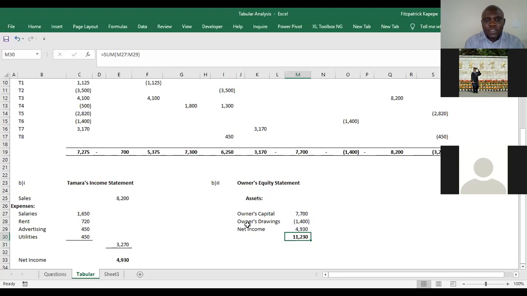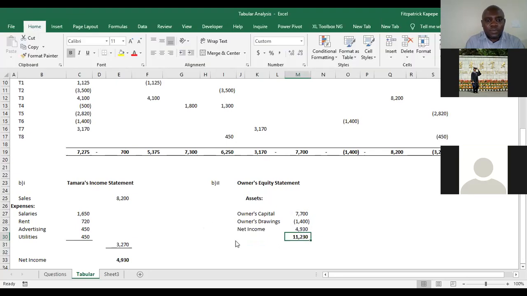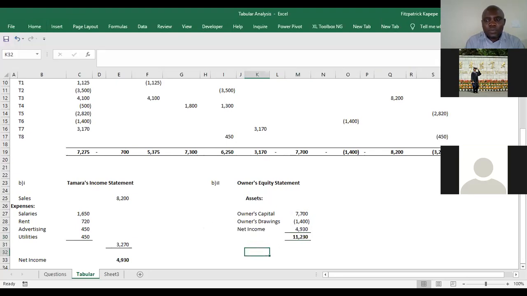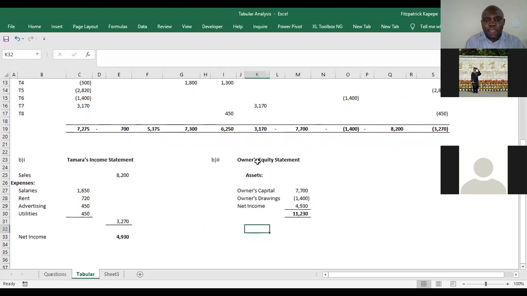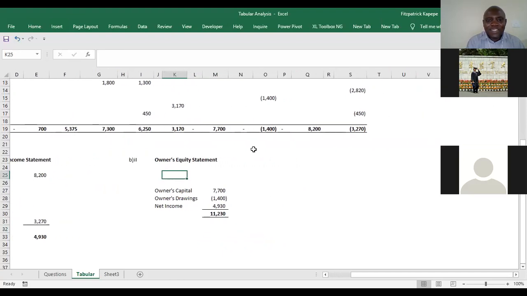Done. This is on your assets. From your assets now, you come to your equity, then just close it. Oh, sorry, I thought I was doing the balance sheet. Remove this. This is your owner's equity. We are done. B3 is what?